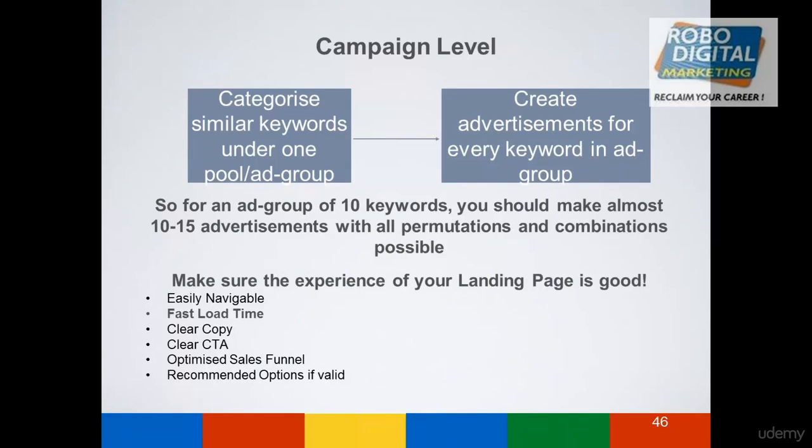An optimized sales funnel is where you define how the process will go on. Wherever you have given the streaming link, before that you can give a link to get the email ID of that person. While streaming, you can stream only after giving the details. That could be one of the sales funnels you can define in your case. Recommended option if valid.